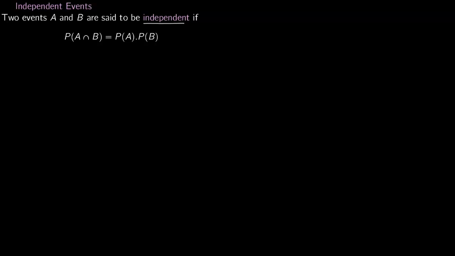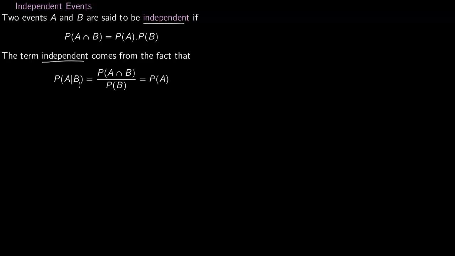Now the term independent comes from the fact that probability of A given B is probability of A intersection B over probability of B. So this is the definition of conditional probability.